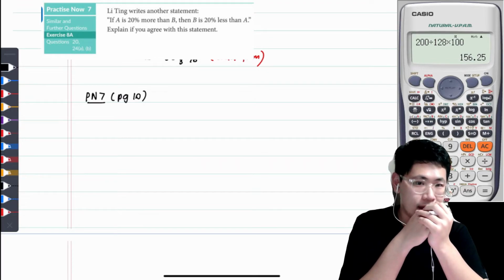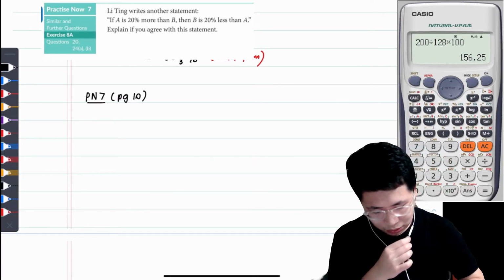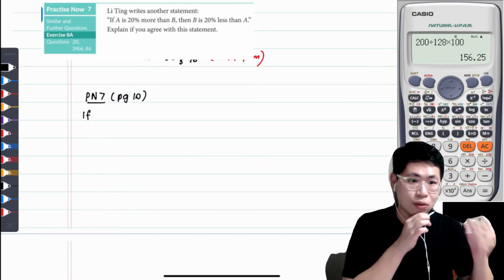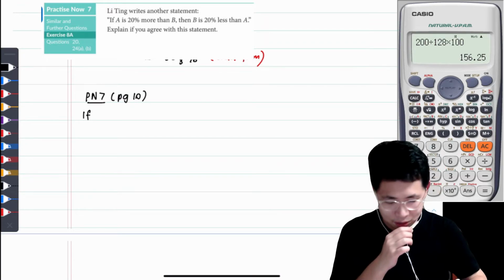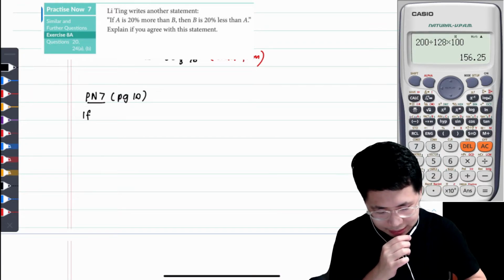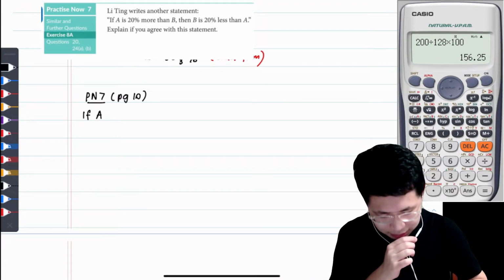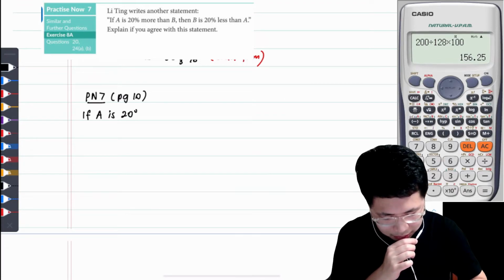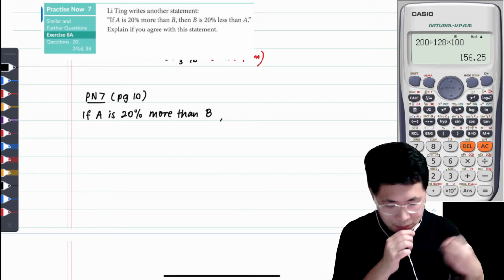So let's check whether this is true or not. Okay, so we're going to start with the if, then we're going to look at whether it satisfies the then. So if A is 20% more than B, so quantity A is 20% more than B, right?